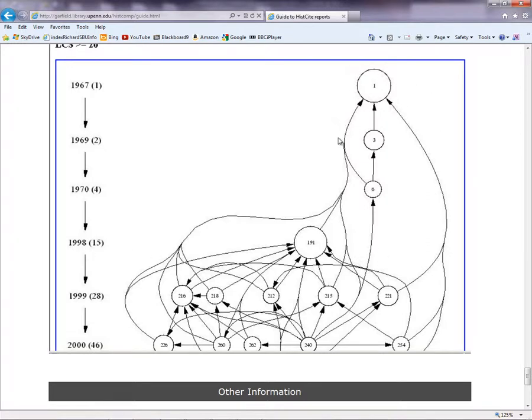So this depiction enables us, through the research relevance temporal diagram, to understand how the references are associated.